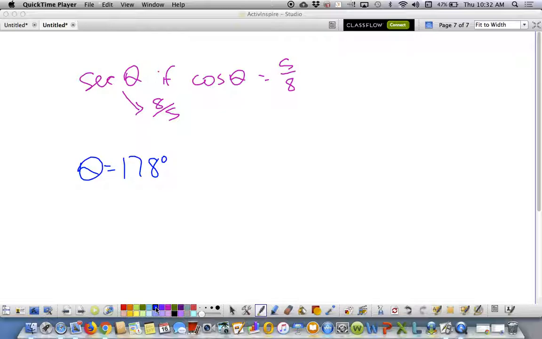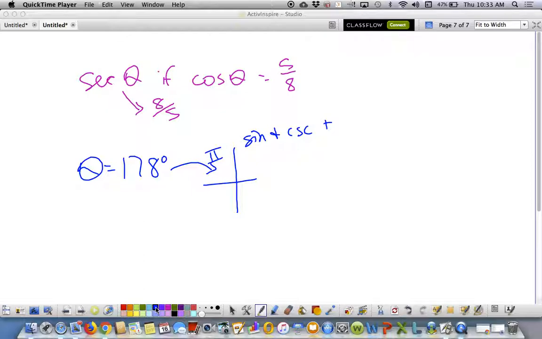You have a theta of 178 degrees. What quadrant are you in? 2. So you're in quadrant 2. Barely. So right here, yeah, only 2 more degrees and you're not. So what is positive in quadrant 2? Sine and cosecant are positive. Everything else is negative.